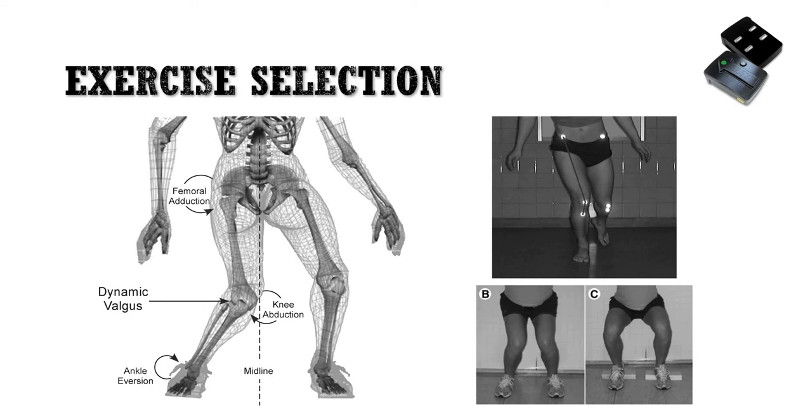And knee valgus can be the precursor to a number of different injuries. It is associated with ACL, anterior cruciate ligament injuries. It's associated with MCL, medial collateral ligament injuries, because the MCL is positioned medially on the tibiofemoral joint, so on the midpoint of the knee, and that's going to be placed under greater tension in the scenario of valgus.